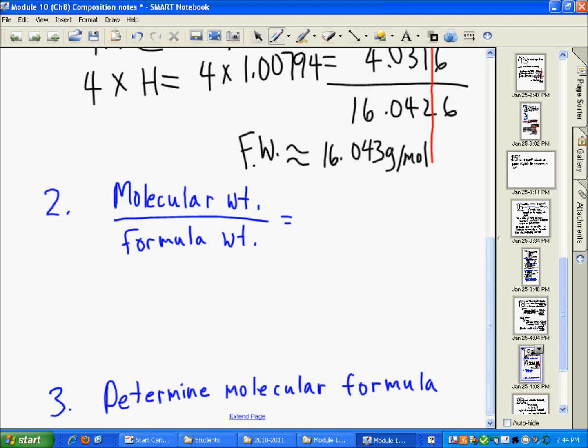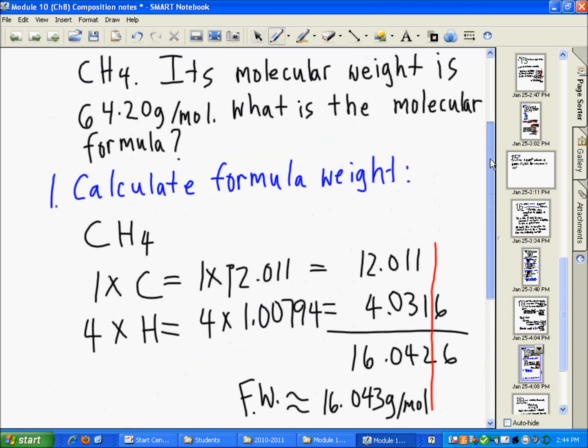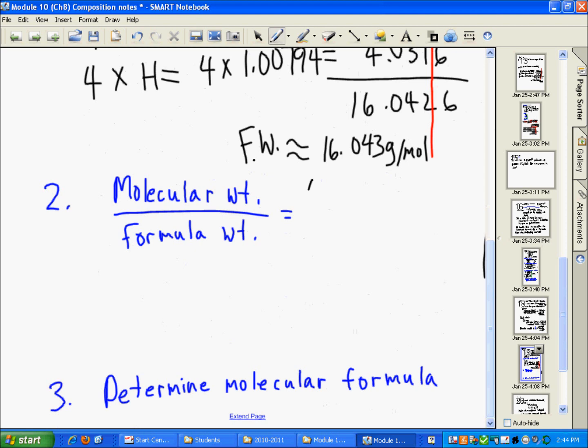We take our molecular weight and divide by the formula weight. We were given a molecular weight of 64.20. We divide that by the formula weight, 16.043. And what do you get when you do that? That doesn't sound right.